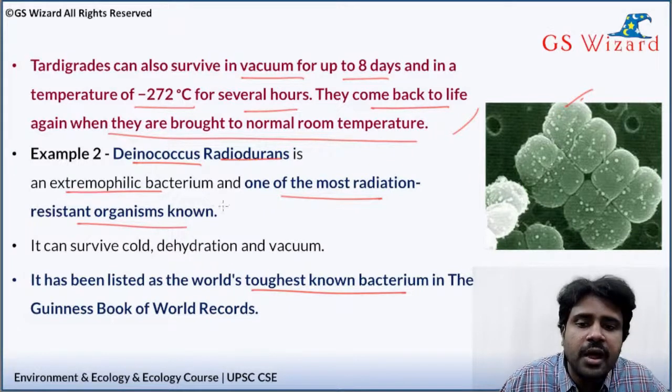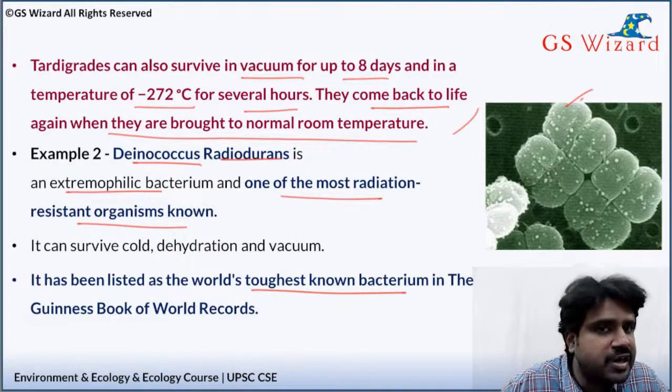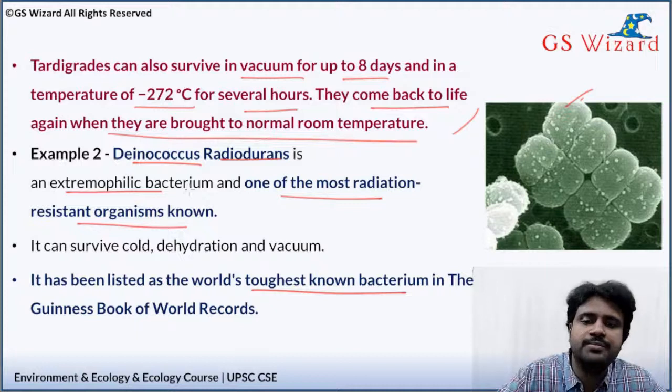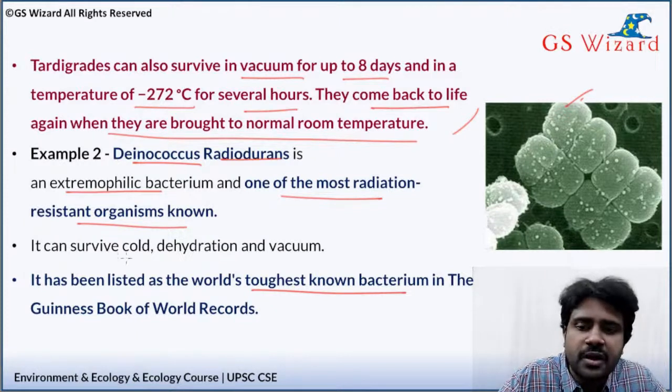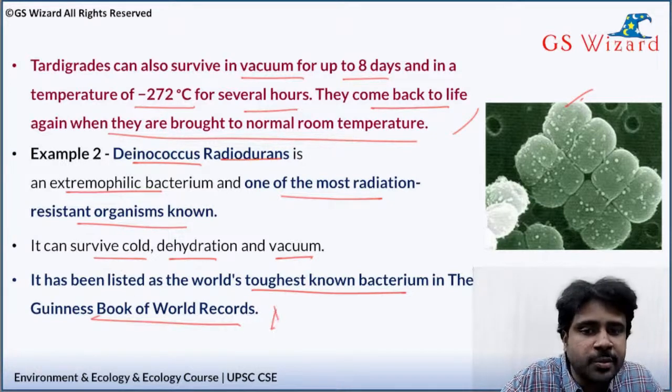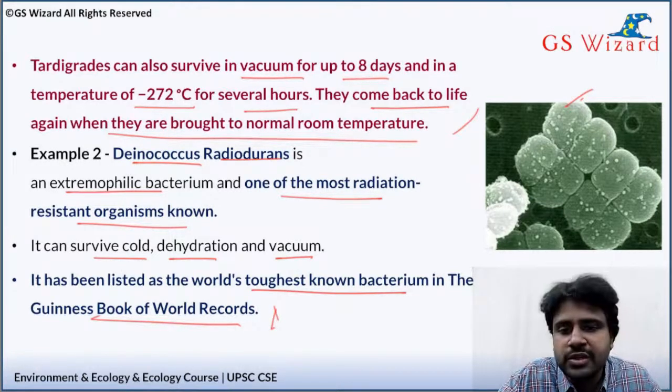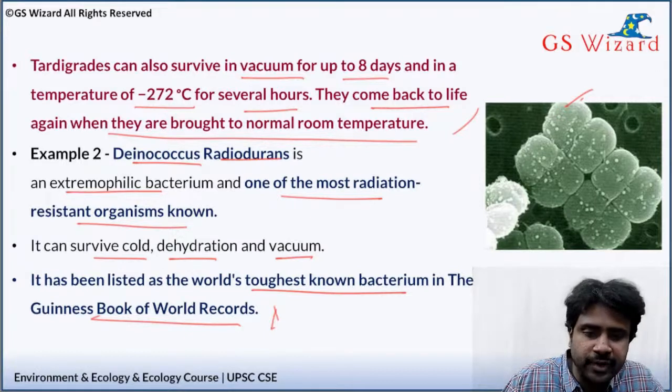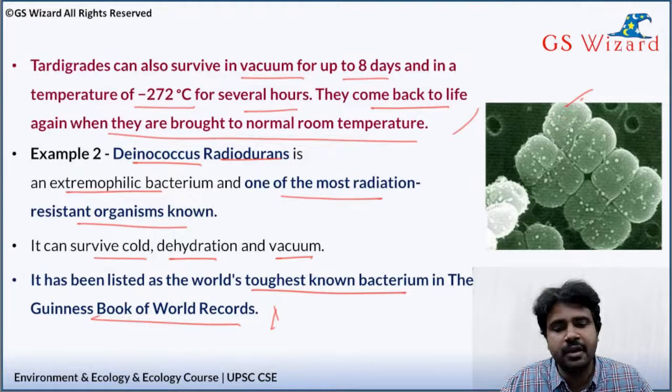So this bacteria can withstand that. Just imagine. And not only that, it can survive cold, dehydration, and even vacuum. So it has been listed as the world's toughest known bacteria in the Guinness Book of World Records. That is about Deinococcus radiodurans. So these are the best examples of extremophiles. Very simple, right? Okay, moving on.